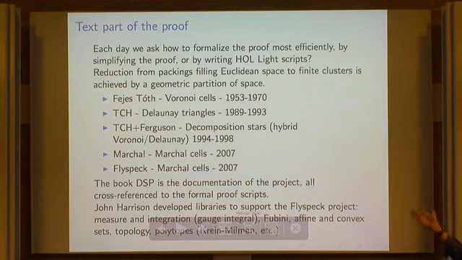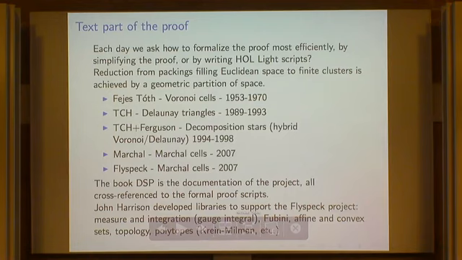This was a big improvement. And so we have a second generation proof that was used for the formalization. In that, we switched from one decomposition of space to another, the second one based on the decomposition given by Marshall. So the Flyspeck project, 2007 to 2014, when the project was completed, uses this new decomposition of space.